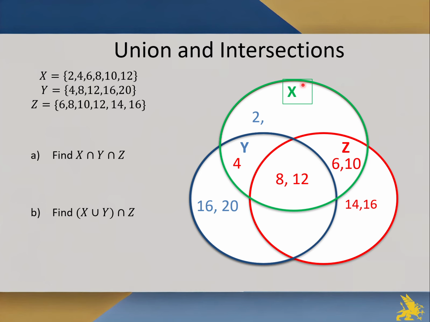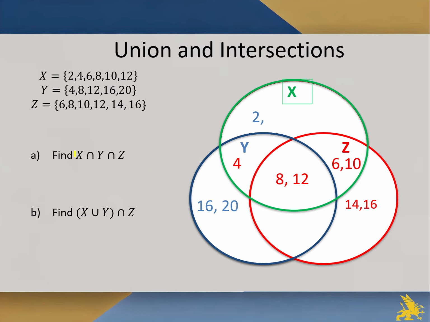Okay, so here we are dealing with a three-way Venn diagram. I'm just going to get a highlighter. Let's have a look at this. First thing I had to do was look at what is similar between X, Y, and Z, and I put those in the middle. Then I had to go what is just similar with X and Y, and what is just similar with X and Z. And I did that for everything.